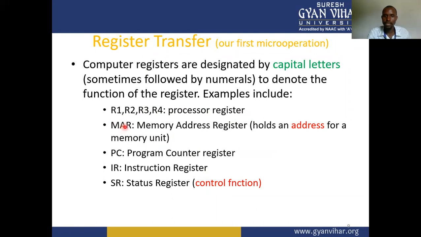MAR is just capital letters. So MAR means memory address register. And the function of a memory address register is to hold an address for a memory unit. Next, we have PC. PC refers to program counter register, while IR refers to instruction register.